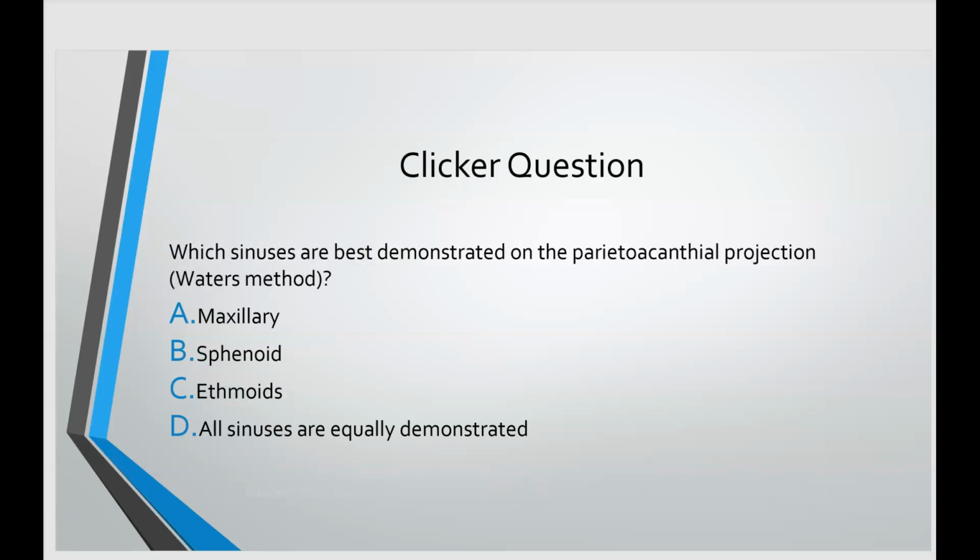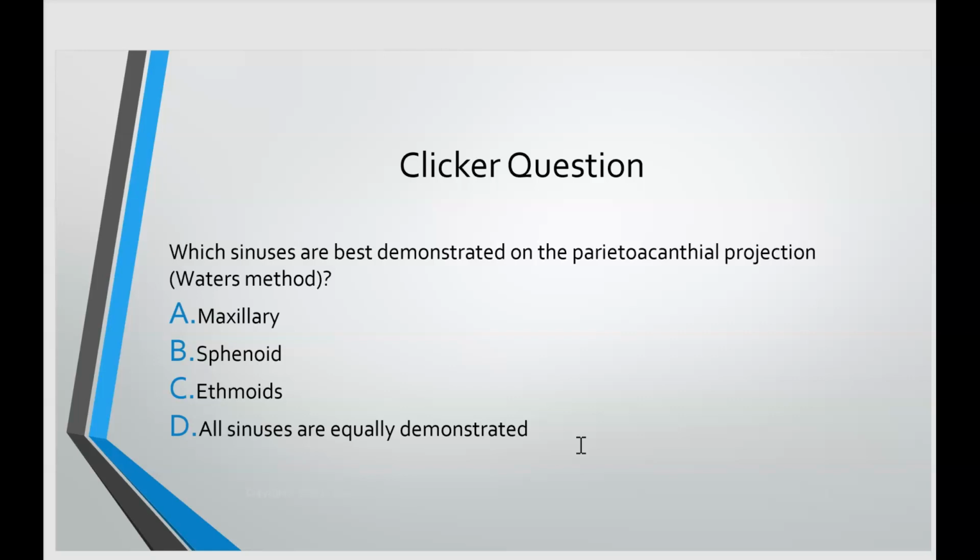Okay, and lastly, which sinus is best demonstrated on the parietoacanthial projection or Waters projection? Which sinuses are best demonstrated on the Waters? Maxillaries, sphenoids, ethmoids, all sinuses are equally demonstrated. So remember how you position your patient. You got a chin up against the IR, okay? And why are we putting their chin up? We're trying to get their petrous pyramids inferior to something of importance.